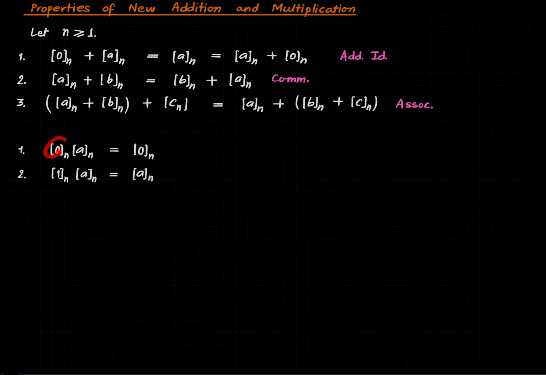The equivalence class of 0 has the same behavior as 0 has for integers, and the equivalence class of 1 has the same behavior as 1 has for integers. Commutativity. So many times we just don't write the dot also. When we write product, we don't write the dot. And we have associativity again. All those natural properties that we saw for integers when we were growing up continue to hold in this folded world.